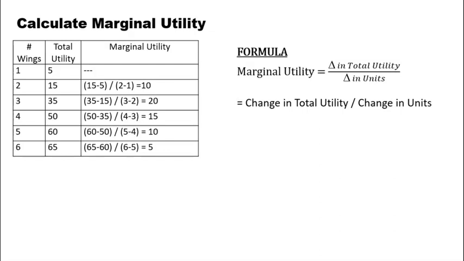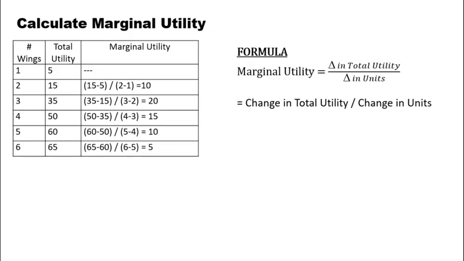This is a good example of the law of diminishing marginal utility, which states that marginal utility decreases as more of the good is consumed over a given time. We go from 10 to 20, which is a significant increase, then we start dropping off by 5 happiness units, or marginal utility calculated points, as we consume more.